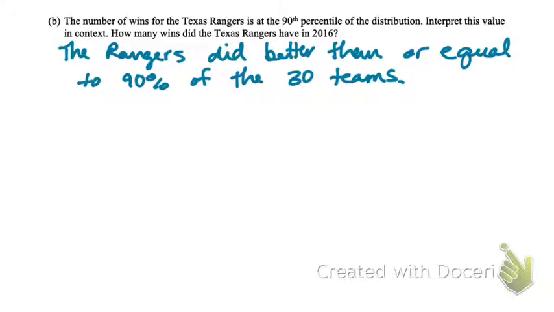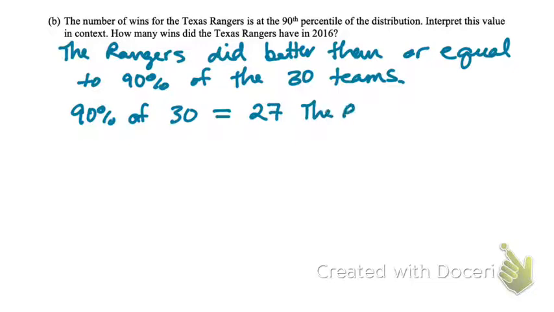So that means that the Rangers are at the 27th data value. And so I can count either from the bottom or I can go backwards from the top. And I'm finding the 27th data value, which is in fact 94. So 90% of 30 equals 27.